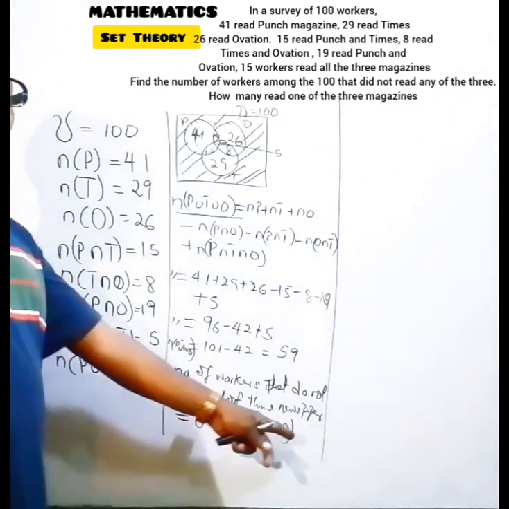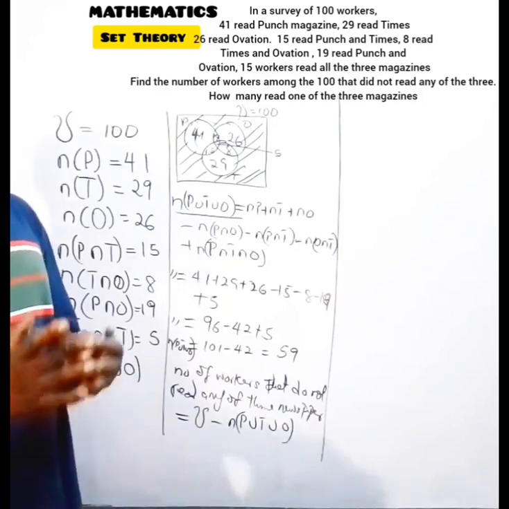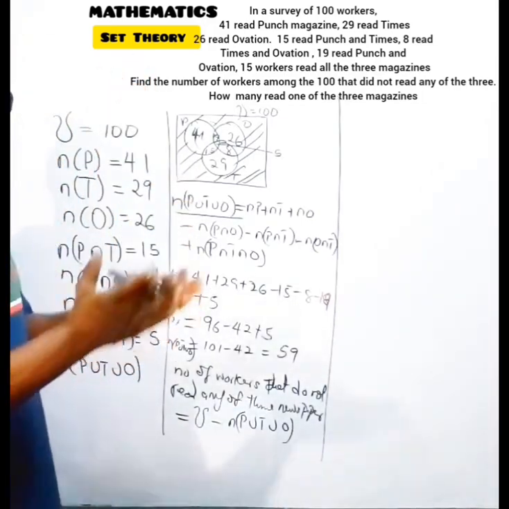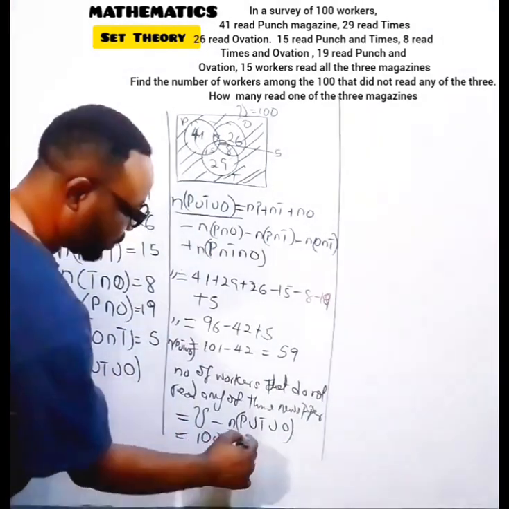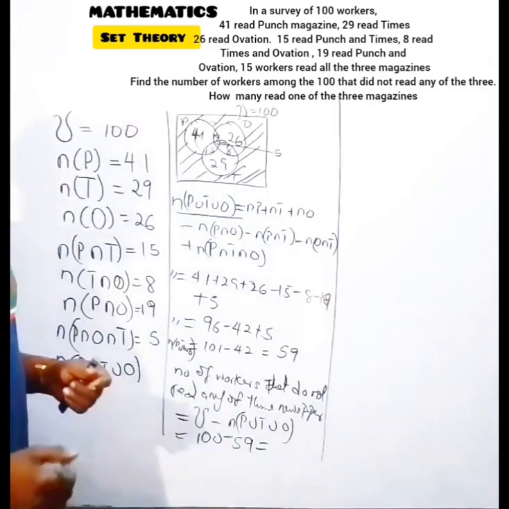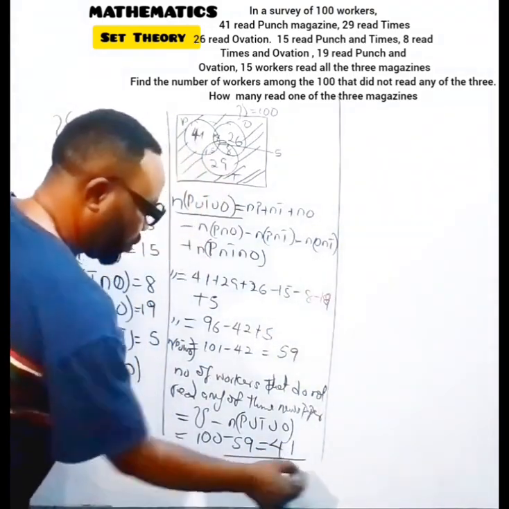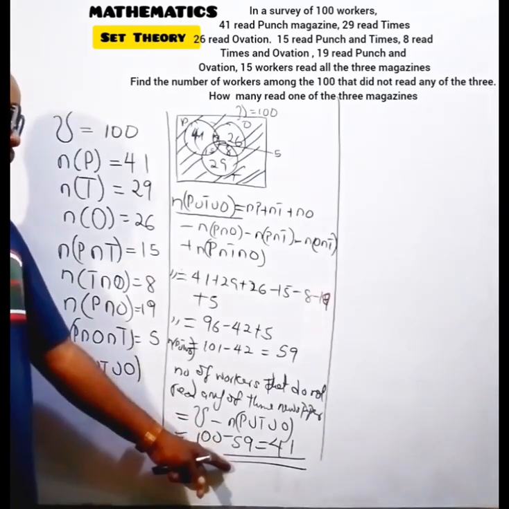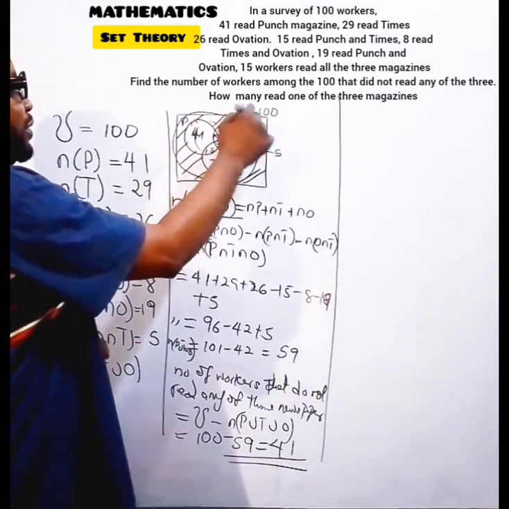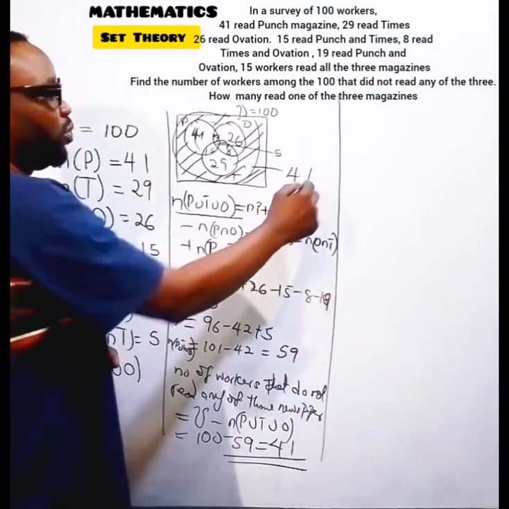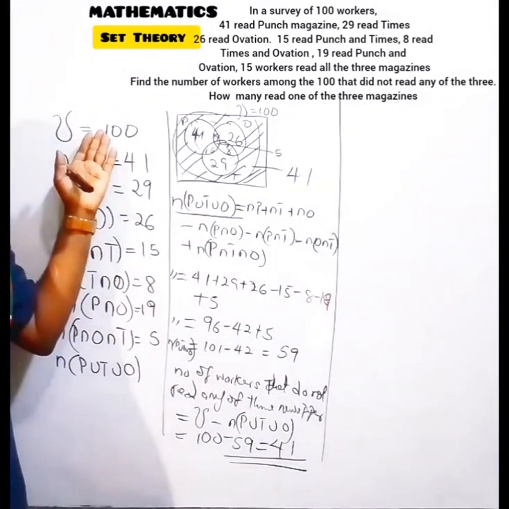The universal set is all the workers put into the survey. So that will be 100 minus 59, which is equal to 41. 41 workers are the number of workers that do not read any, from the so-called 100 workers.